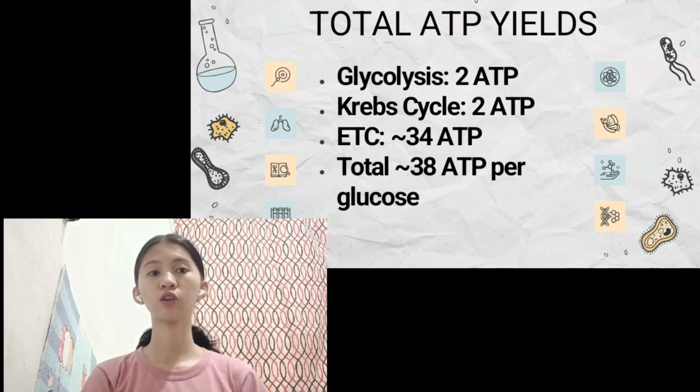It makes about 34 ATP using oxygen. So in total, from just one glucose molecule, aerobic respiration gives around 38 ATP, which is a huge amount compared to anaerobic respiration.